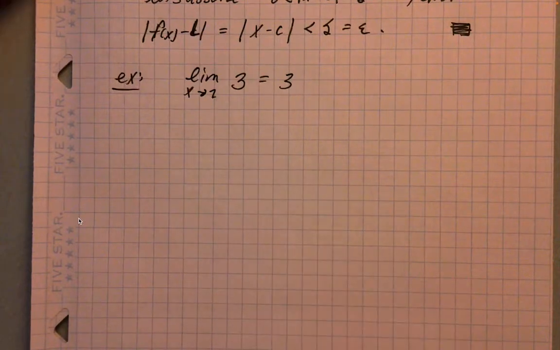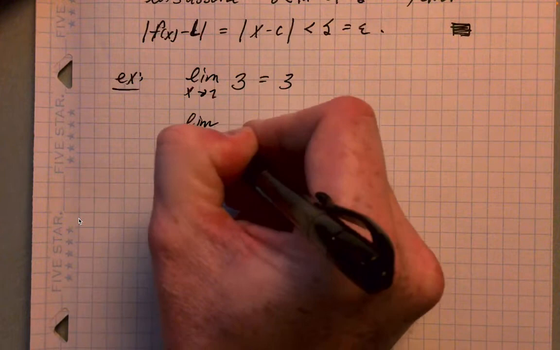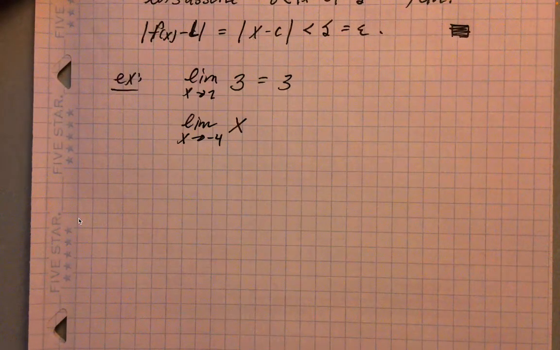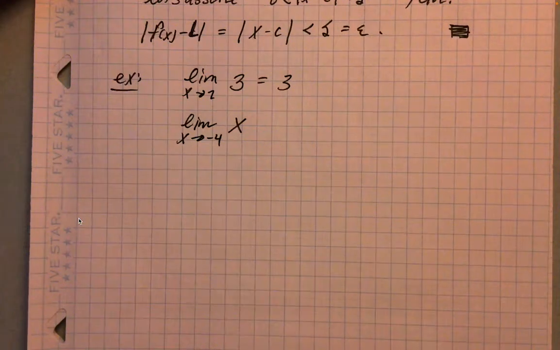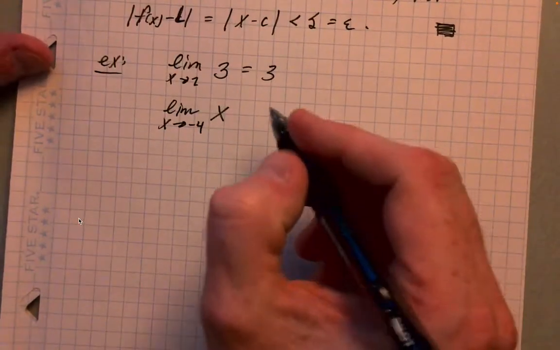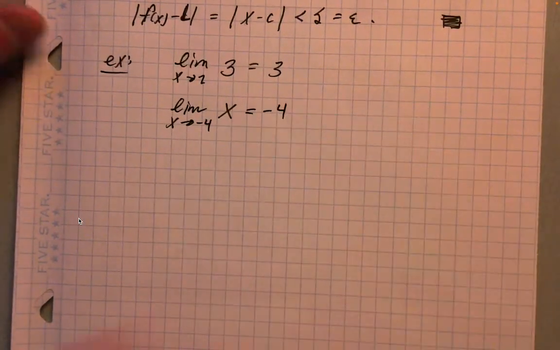So that's all good. The limit as x approaches -4 of the function x. What's that limit equal to? Well, this is the identity function up top here. We talked about that. It's equal to basically the function evaluated at c, or conversely, if you want to think about it as being equal to the limit point. So in this case, it's equal to -4.